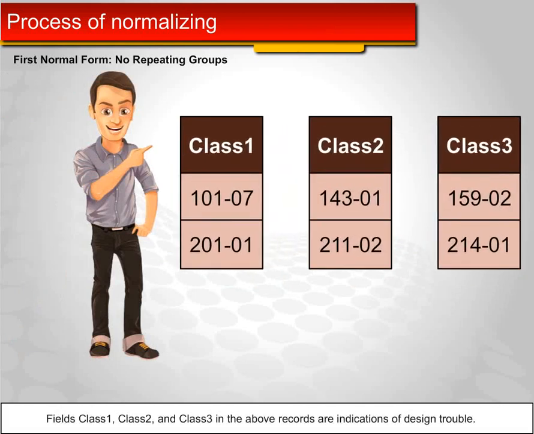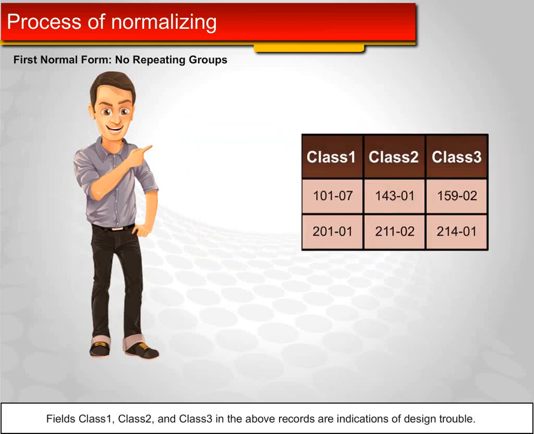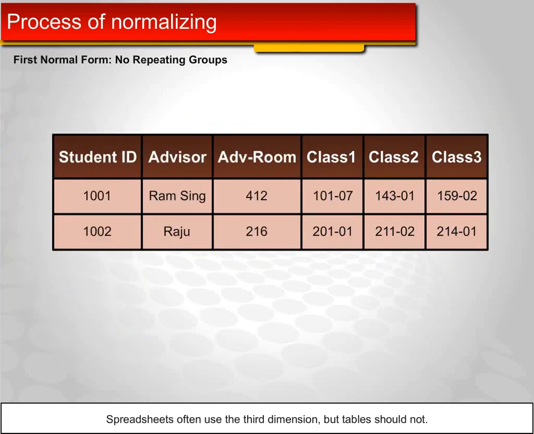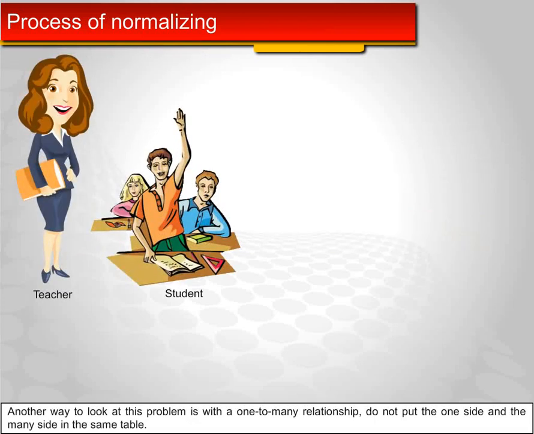Fields Class 1, Class 2 and Class 3 in the above records are indications of design trouble. Spreadsheets often use the third dimension, but tables should not. Another way to look at this problem is with a one-to-many relationship. Do not put the one side and the many side in the same table.